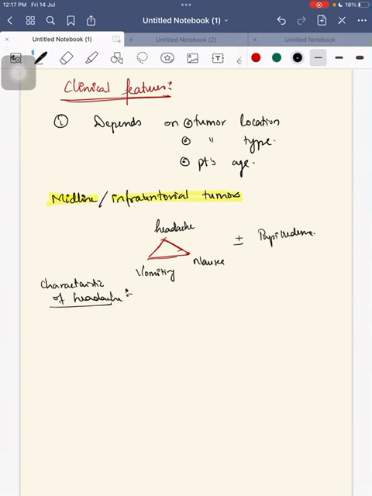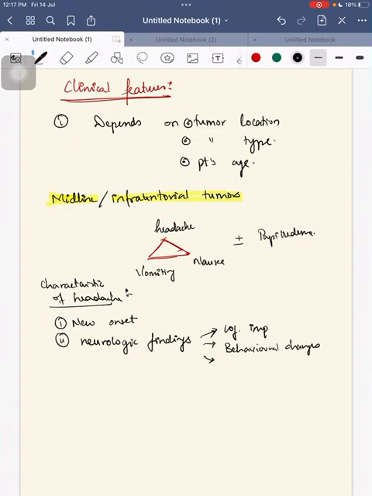Okay. So what is the characteristic of the headache in a child with a tumor? It will be a new onset headache. This will be accompanied with neurological findings. The neurological findings can be cognitive impairment, behavioral changes, and there can be seizures in this child.